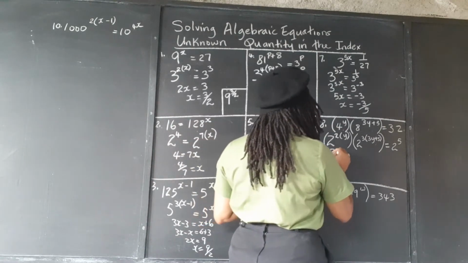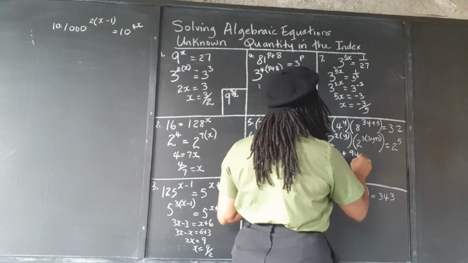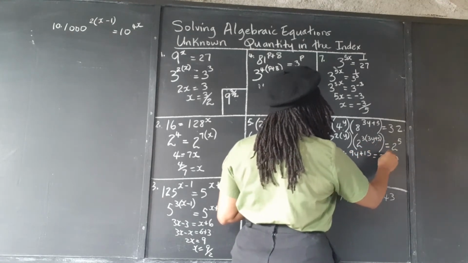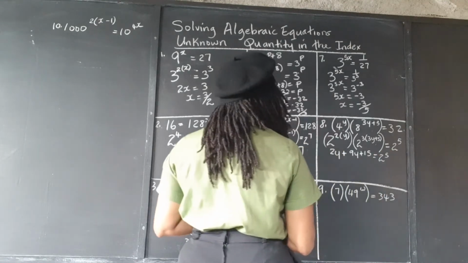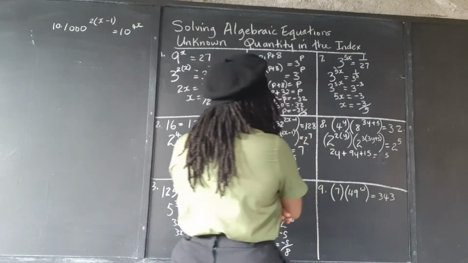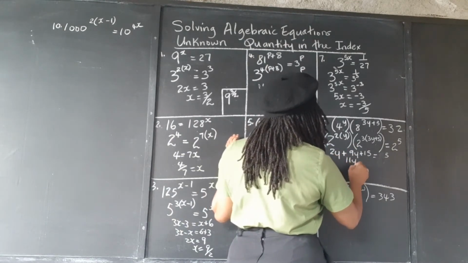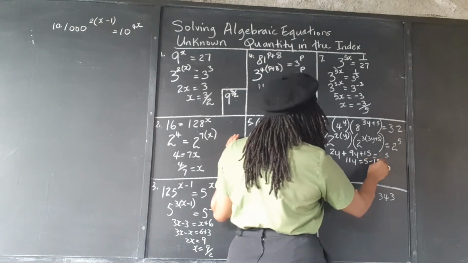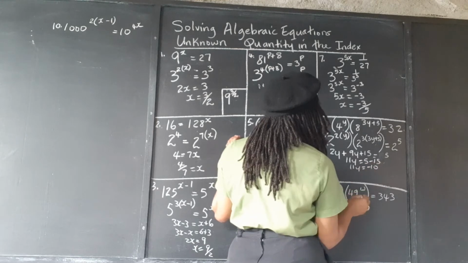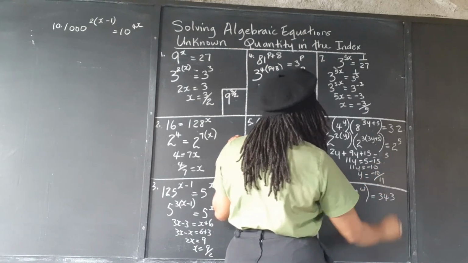So that's 2y plus 3 is 9y plus 3 5 is 15 is equal to 2 to the 5th. Sorry, it's equal to 5 because we're equating the powers now. Alright, grouping our like terms, 2y plus 9y, that's 11y. 5 minus 15, that's negative 10. So y is negative 10 over 11.